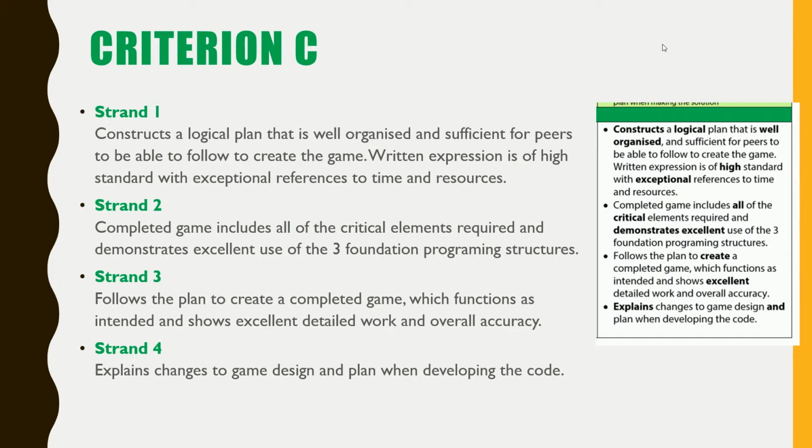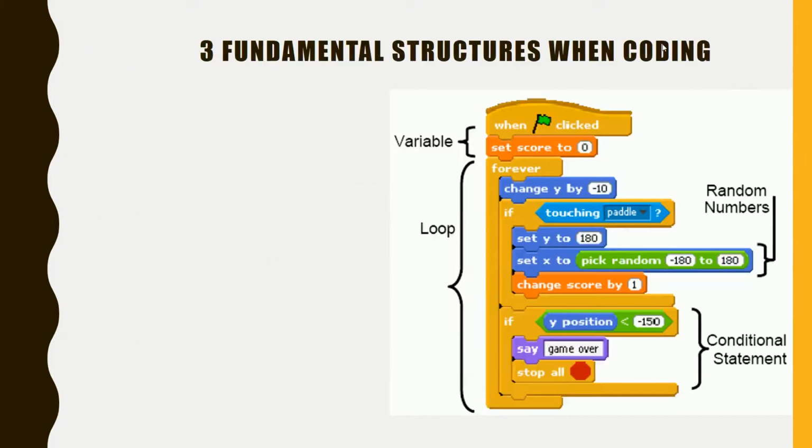It's just step by step, and then we need to have a look at some of the different things that you need to understand. So just to reiterate the 3 fundamental structures when coding, which we should know by now, this is a general sort of loop that has been built inside the game. There's a score variable, and then forever we change the Y position of the sprite, and if it touches the paddle, set Y to this value here, and then set X to a random position.